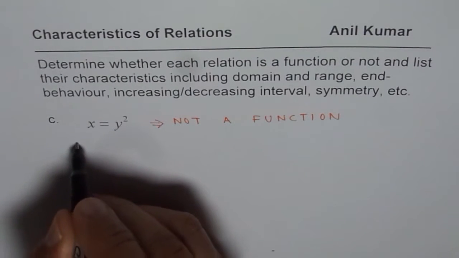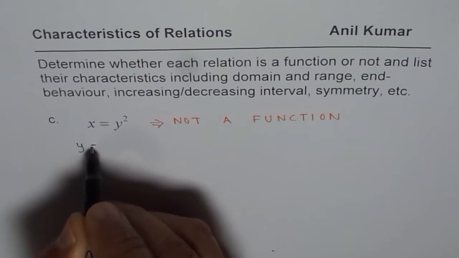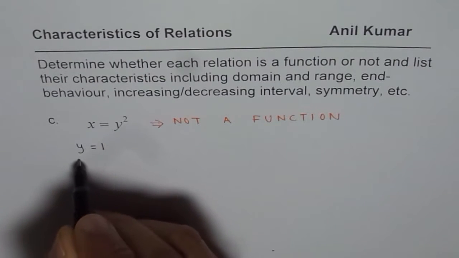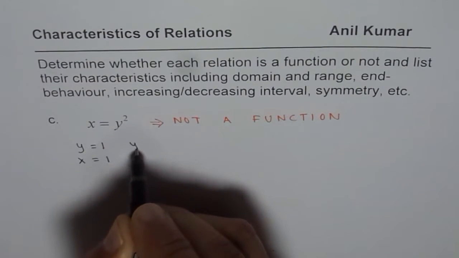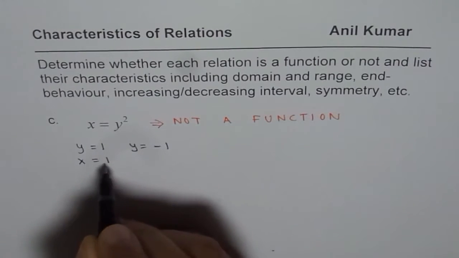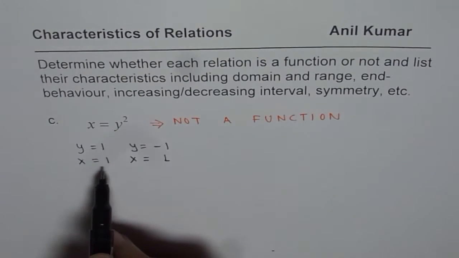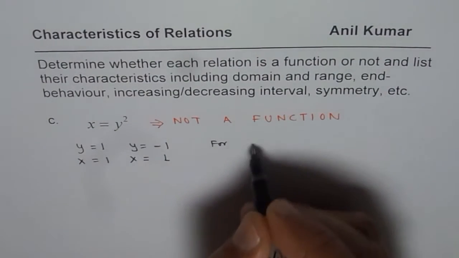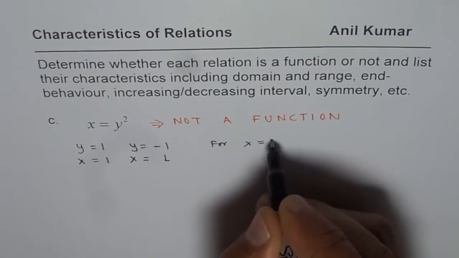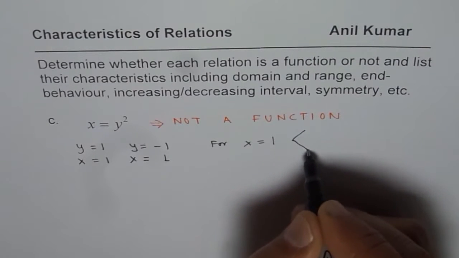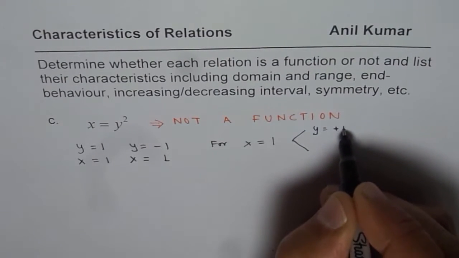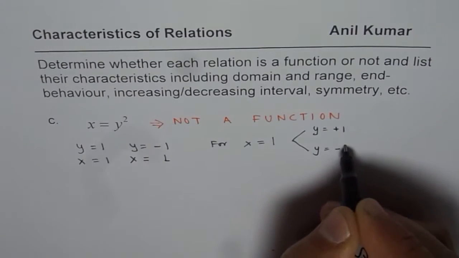If I take y equals 1, I get x equals 1, and if I take y equals minus 1, I get x equals 1 again. That simply means that for x equals 1, we have two y values: y equals plus 1 and y equals minus 1.